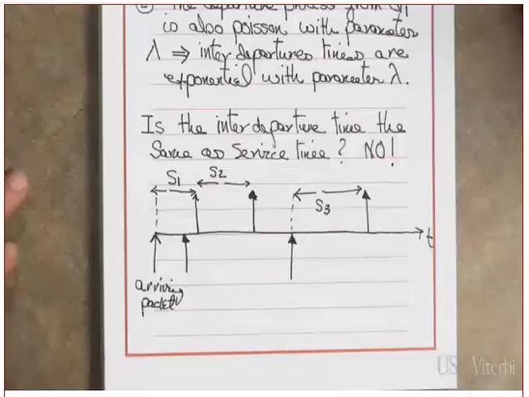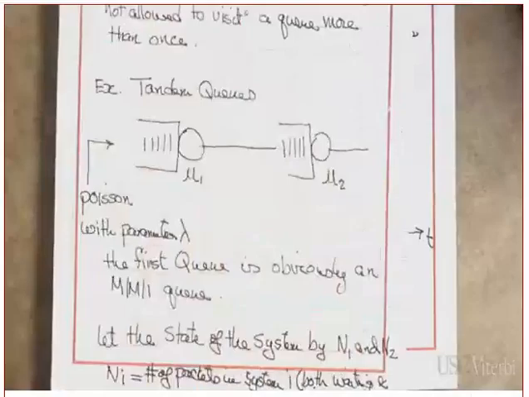The joint PMF. Clear? Okay. Also find E of N, which is the average number of packets in the system. Clear? You can help me.